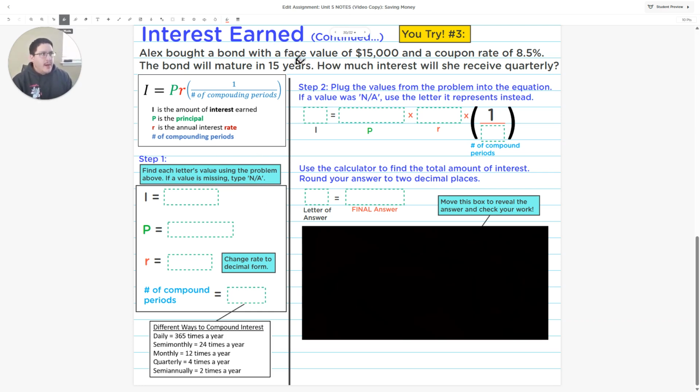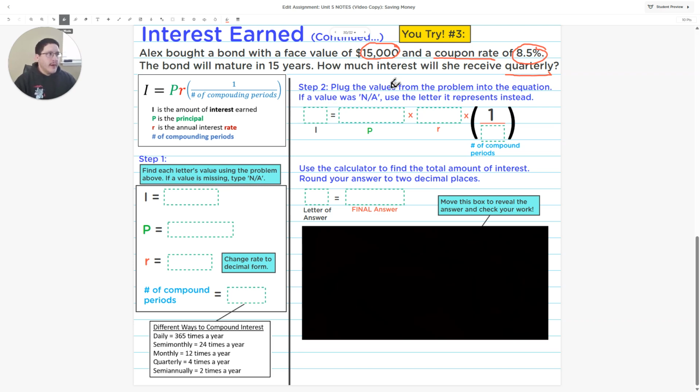So again, Alex bought a bond with a face value of $15,000. So he is investing $15,000 to somebody, a company, whichever. The coupon rate, which is how much she's going to get back quarterly, is 8.5%. The bond will mature in 15 years. We don't really need that at the moment.